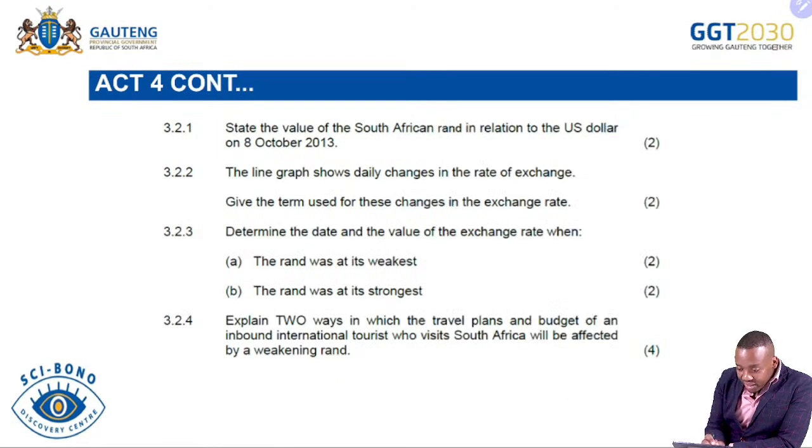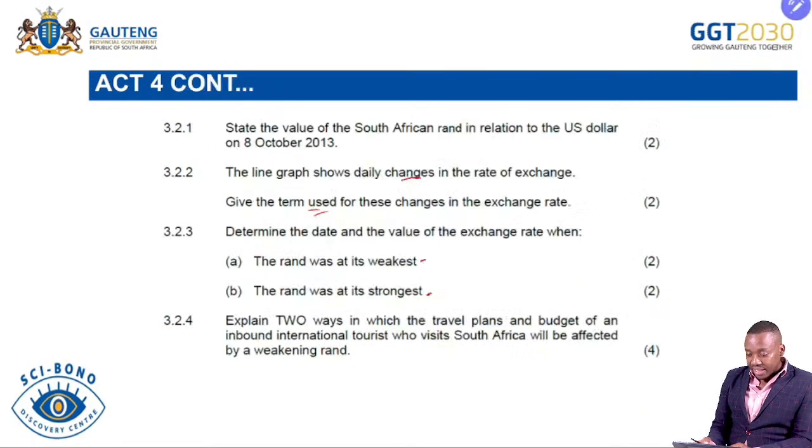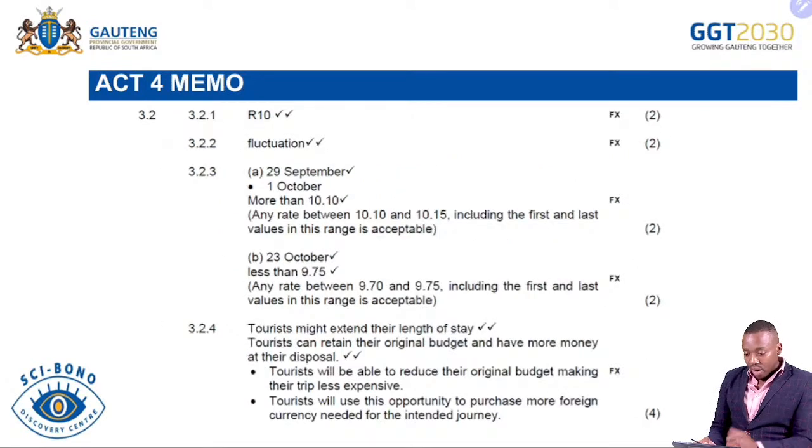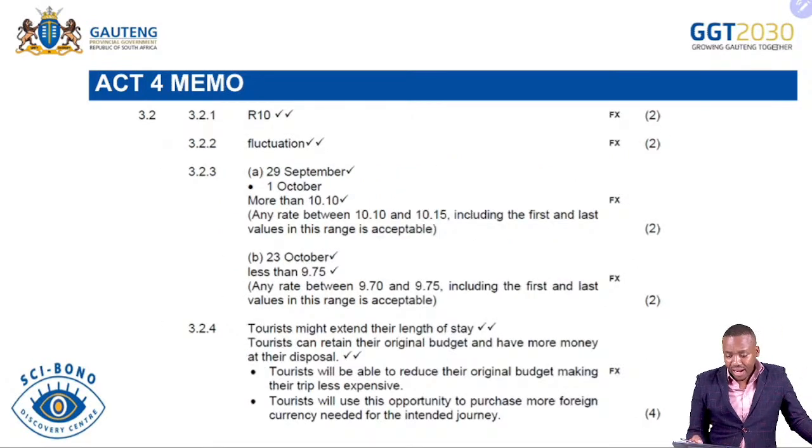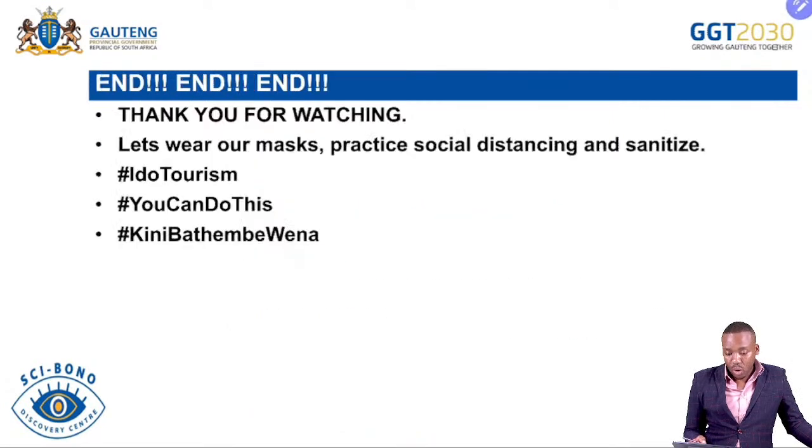The line graph shows daily changes in the exchange rate. Give the term, what do we call that? Currency fluctuation. Determine the date and the value of an exchange rate when the rand was the weakest and when the rand was strongest. Then you must go there and identify or analyze your graph. There are answers there that you can also go through on your own.